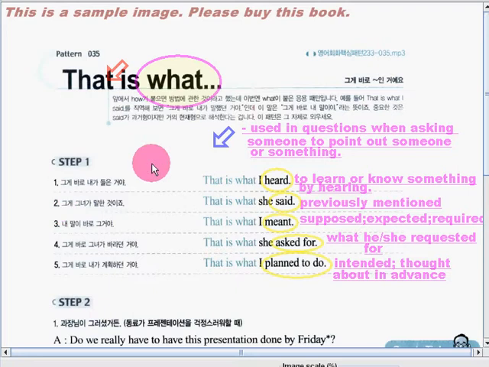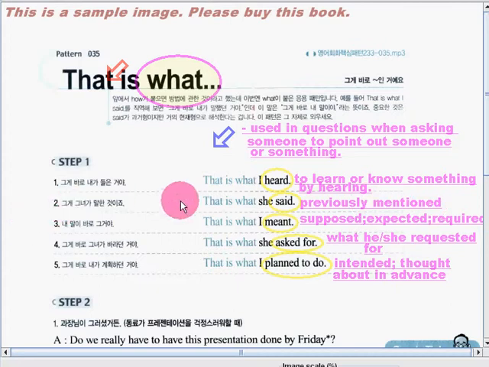Number 2, that is what she said. When you say said, it means previously mentioned, so the person already talked about it. When you say that is what she said, you are pointing out what that person already said or mentioned.